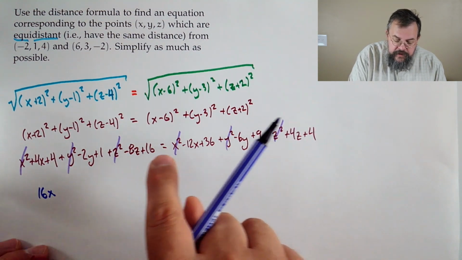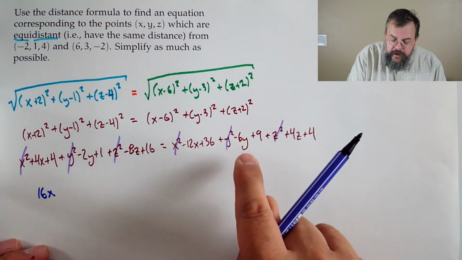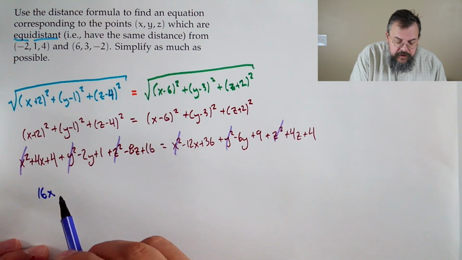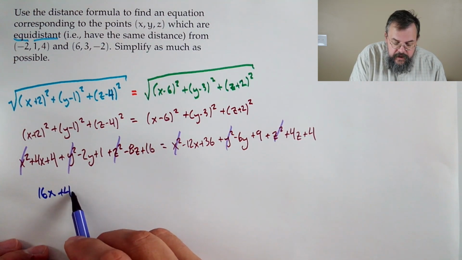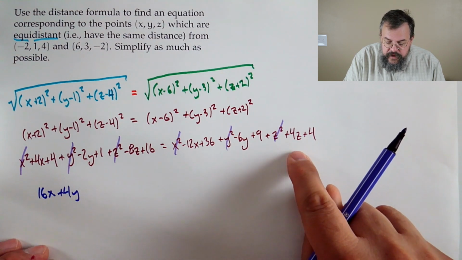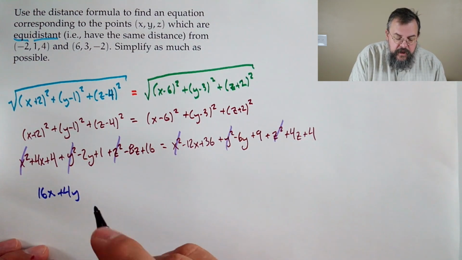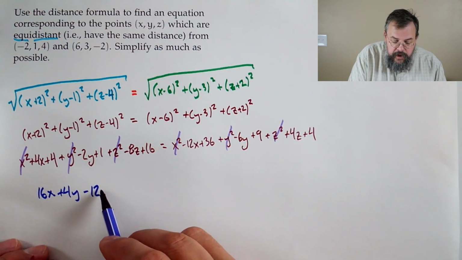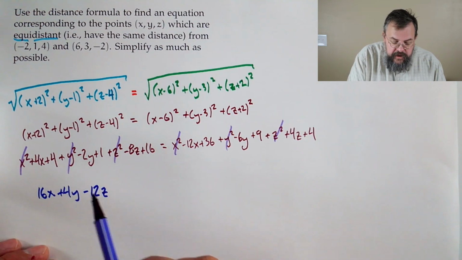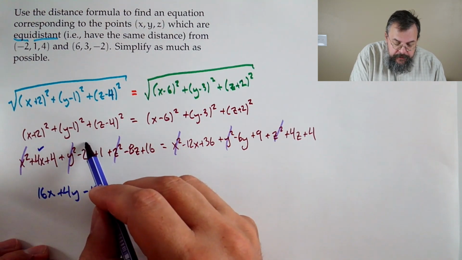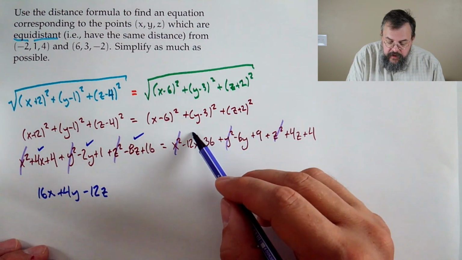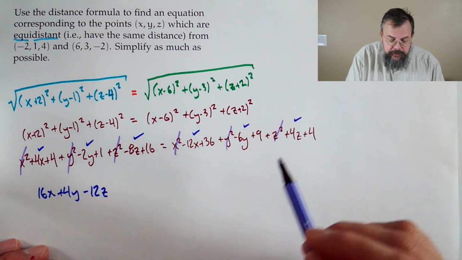Minus 6y would come across as a plus 6y. And then there's minus 2y, which would be a plus 4y in total. Here, there's a plus 4z, which comes across as a minus 4z. So that's minus 12z. Okay, so we've grabbed the x, the y, and the z terms.